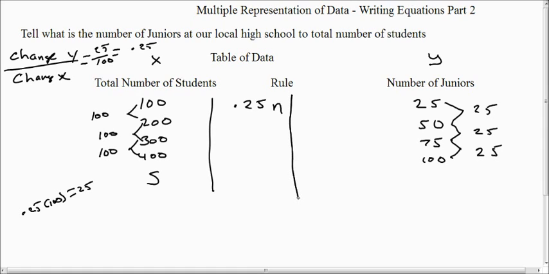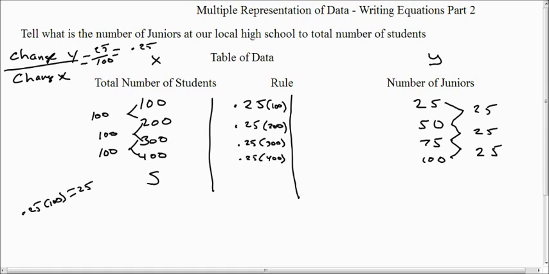So we can do 0.25 all the way down, and put the n's back in proportion. So this would be times 100, this would be times 200, this would be 0.25 times 300, and 0.25 times 400.